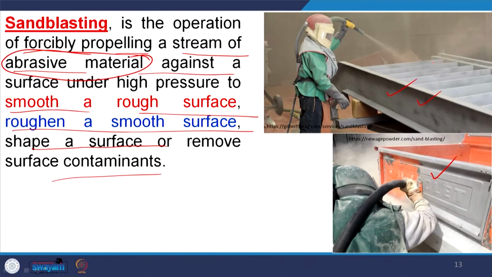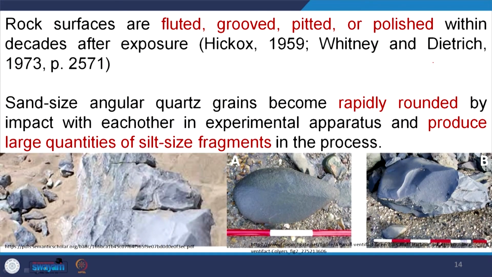It shapes a surface or removes surface contaminations, and that is the use of sandblasting of instruments or materials. Rock surfaces are fluted, grooved, pitted or polished within decades after exposure.